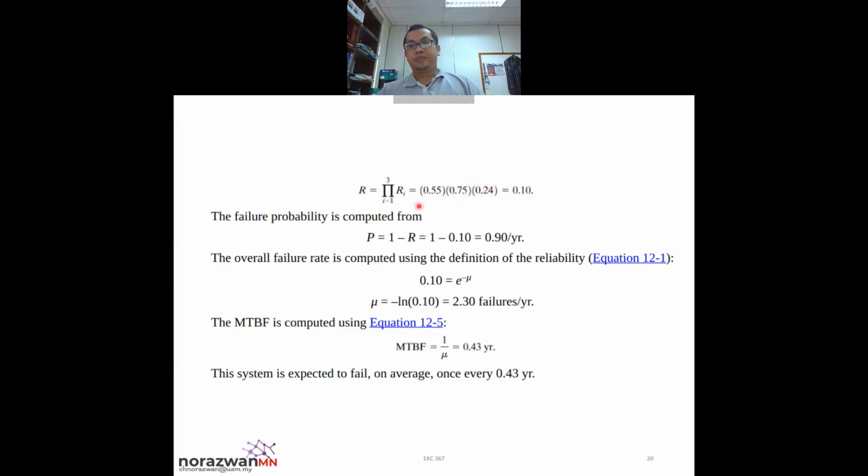Since the system is in series, even though your reliability is quite high for your controller and your control valve, because this system is in series, if only one component fails, the entire system will fail.